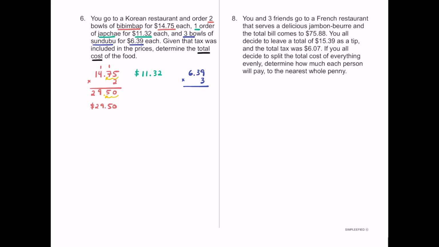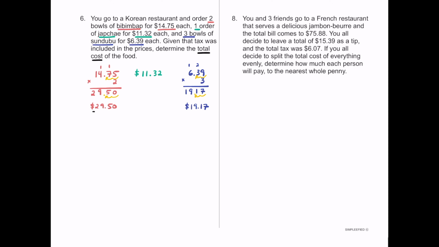Okay, so 3 times 9 is going to be 27, carry the 2. 3 times 3 is 9, 9 plus 2 is going to be 11, carry the 1. 3 times 6 is going to be 18, plus 1 is going to be 19. And we have 2 decimal places in this factor, so we have 2 decimal places for this product. So it looks like that is going to be $19.17.